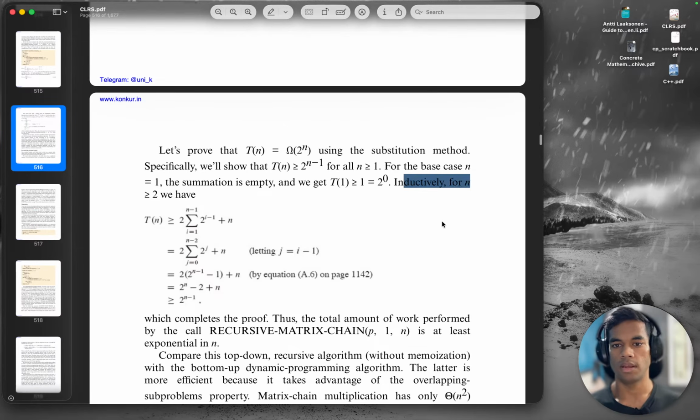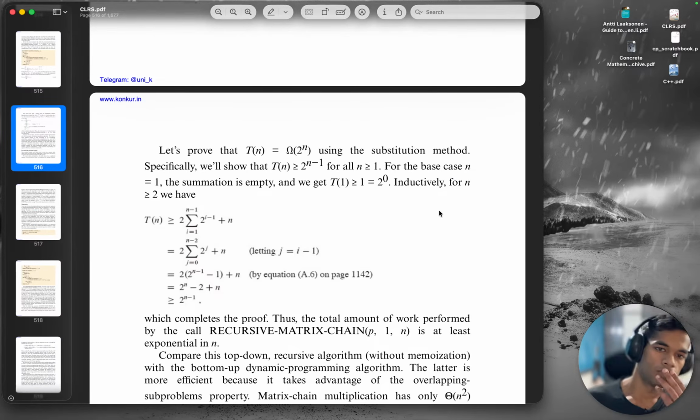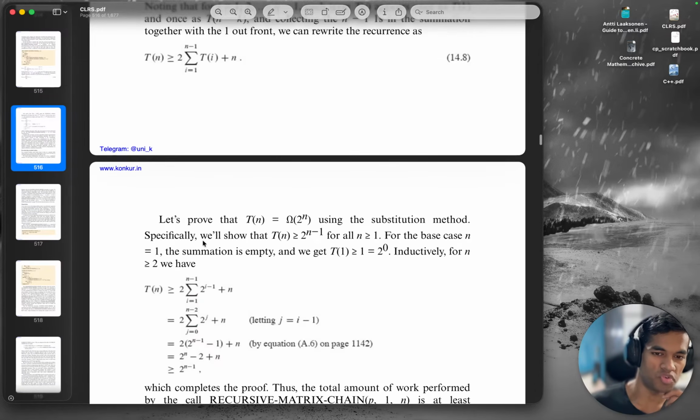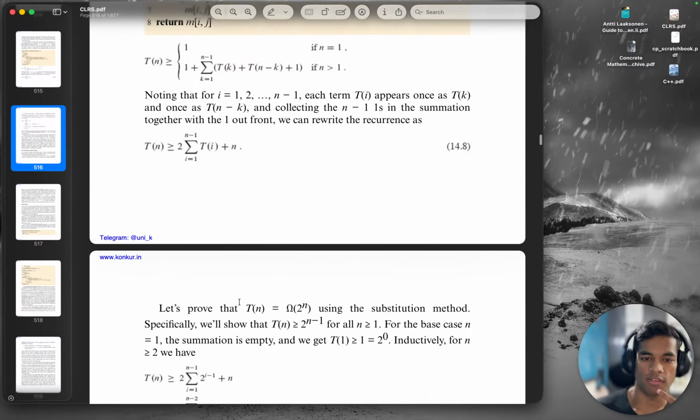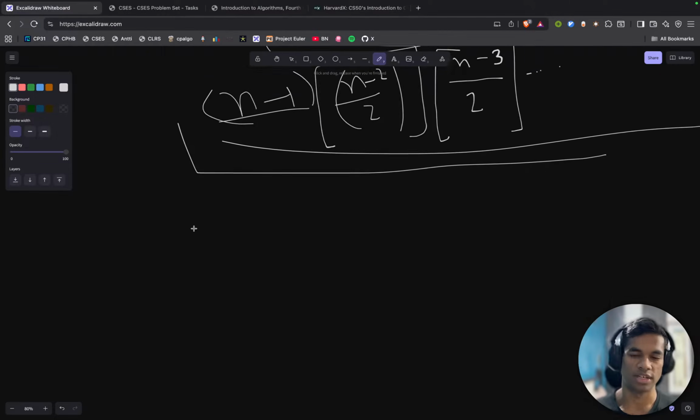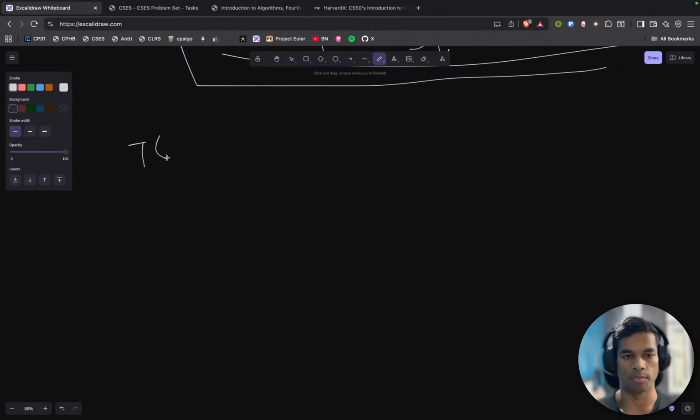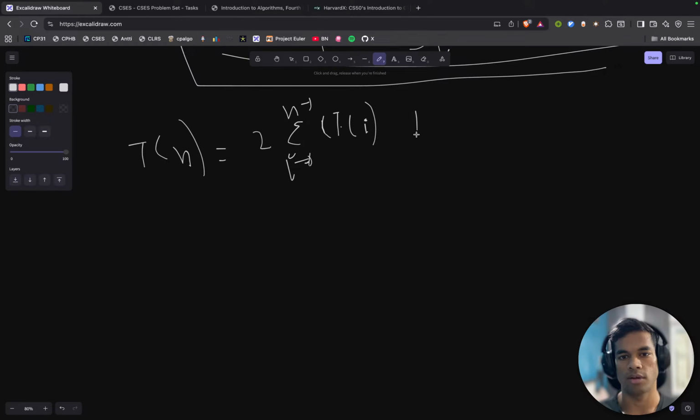Inductively, we can use induction. We have our formula Tn equals summation Ti, where i ranges from 0 till n minus 1, plus n.